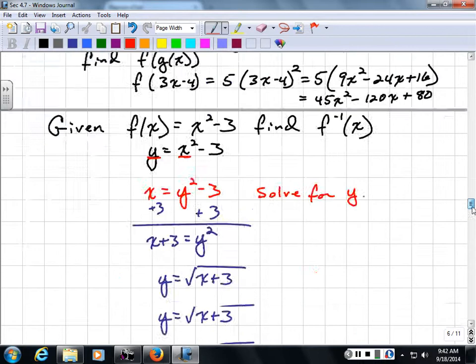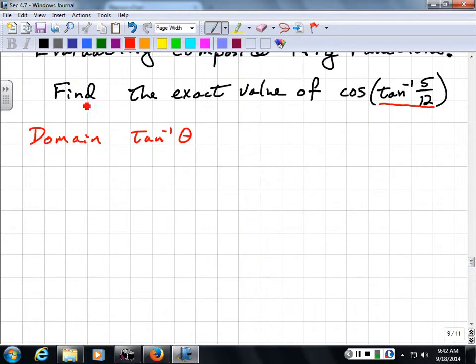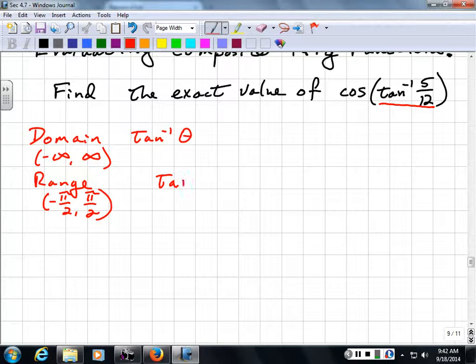So the domain for this is negative infinity to infinity, and the range is from negative pi over 2 to pi over 2. So the tangent inverse of 5 over 12 will be between negative pi over 2 and pi over 2, okay, as far as finding the theta.